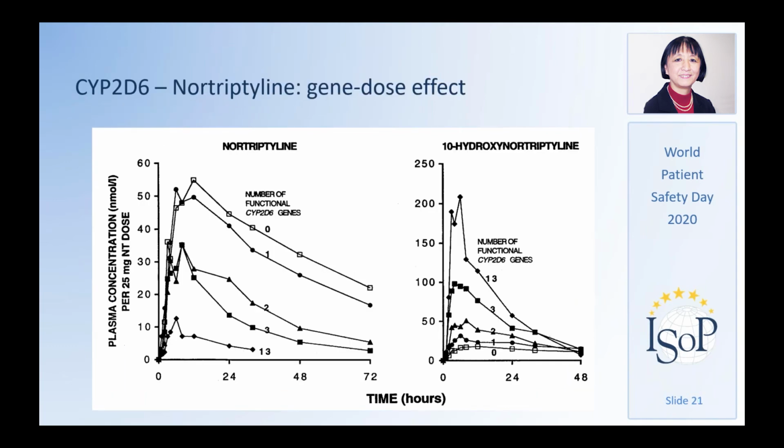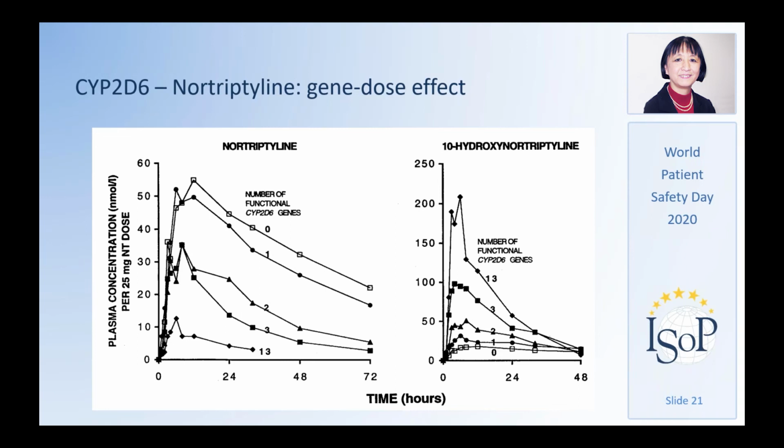This shows beautifully the gene dose effect. In 4 groups of patients, poor metabolizers, extensive metabolizers, intermediate metabolizers, and ultra-rapid metabolizers, you'll find the poor metabolizers with very high concentration of nortriptyline, the parent drug, and very low concentration of 10-hydroxynortriptyline.